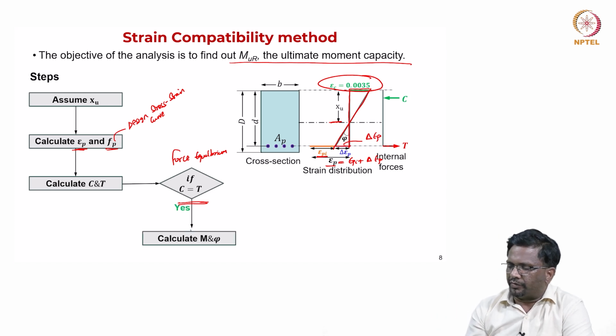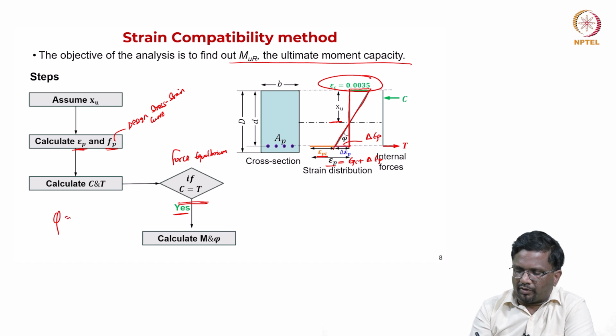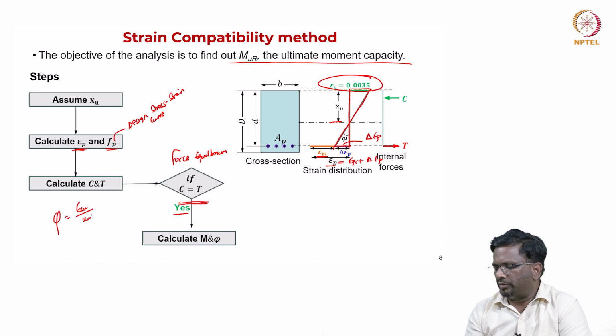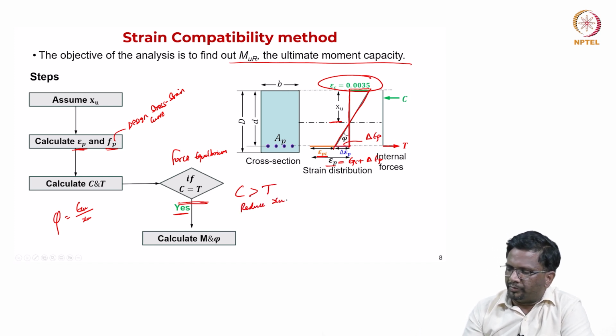Then once it is done, you can go ahead and calculate the moment resistance M and the curvature. Again, curvature is very straightforward. It is epsilon Cu divided by Xu. Right. Now, if the compression force C is going to be higher than T, then we have to reduce Xu, right?